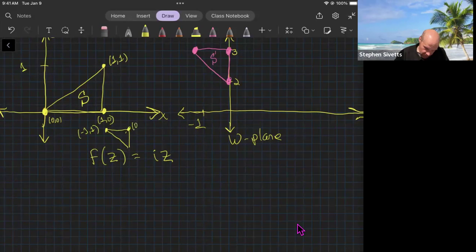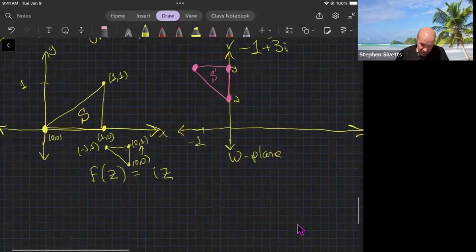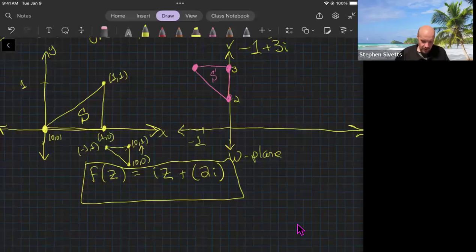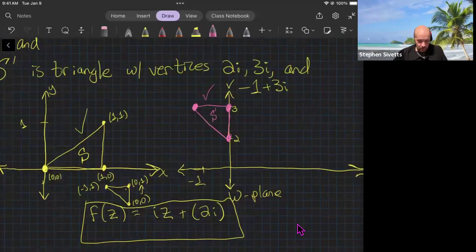This will be at the point 0, 1, and this is still at the origin. And then all we have to do is shift up this triangle by 2i. So this is iz plus the shifting factor 2i. iz plus 2i would be the proper function to map this triangle in the z plane into this triangle in the w plane. So I hope that made sense.